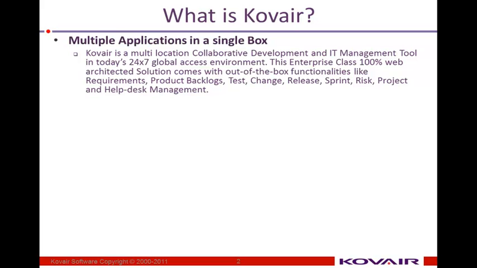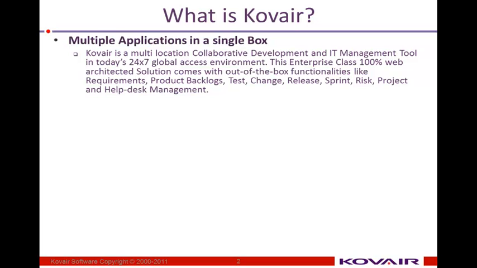On the traditional methodology implementation, we have the more traditional applications like requirements management, test management, issues management, etc. And on the agile side, we have the implementation for different kinds of product backlogs like the epic, the feature, the user stories.